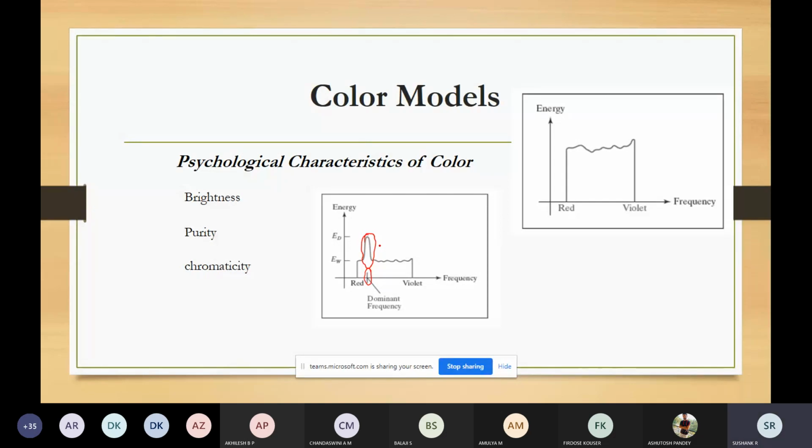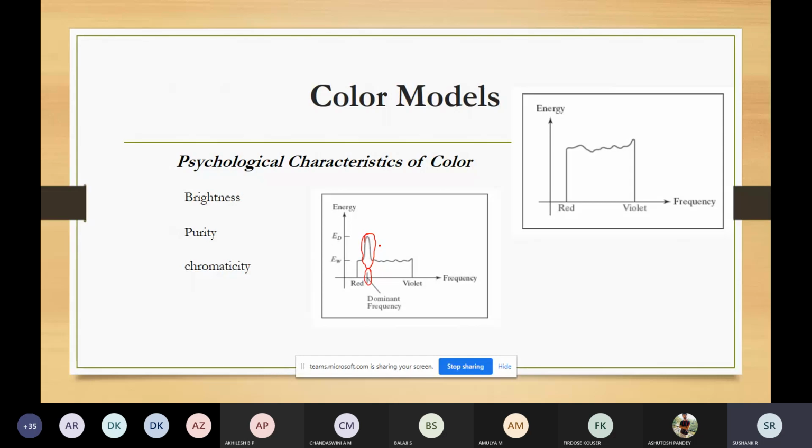So purity means how close the light appears to be a pure color. It's a pure red color, a pure orange color, pure yellow color, pure green color. So like that, the purity of the color. For example, very light, you will call it a light red or a pale red.